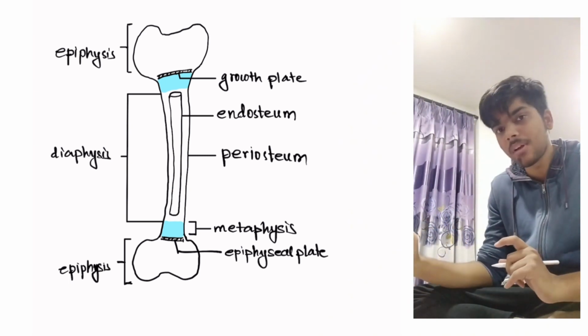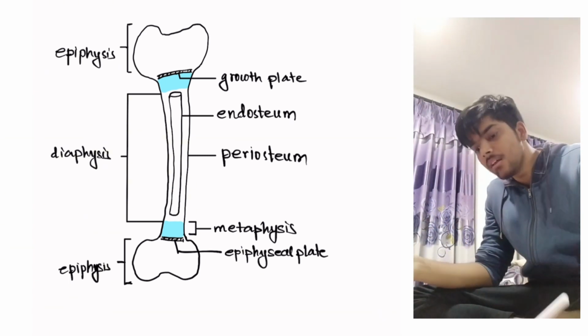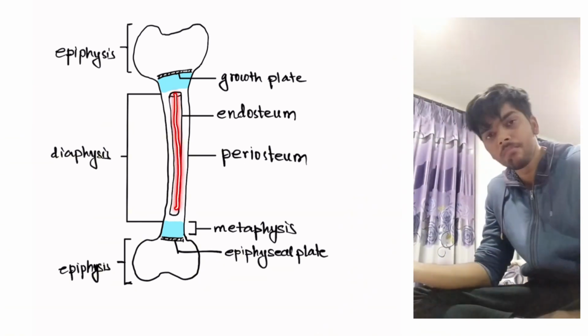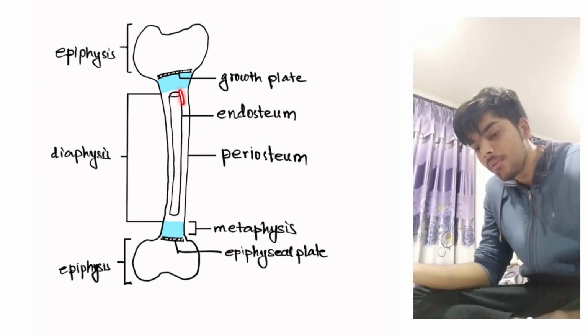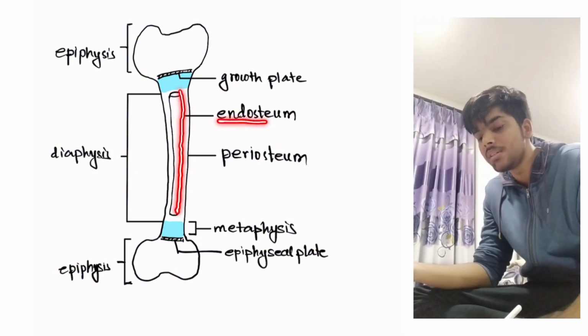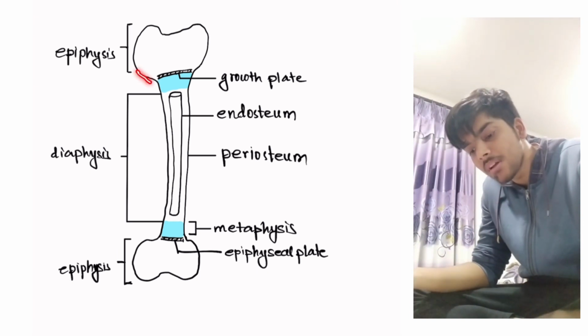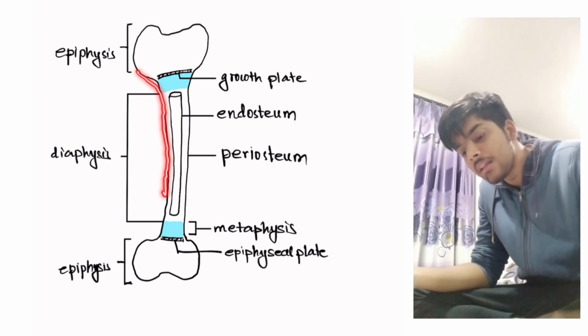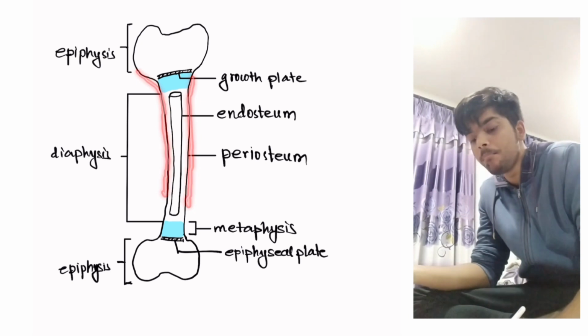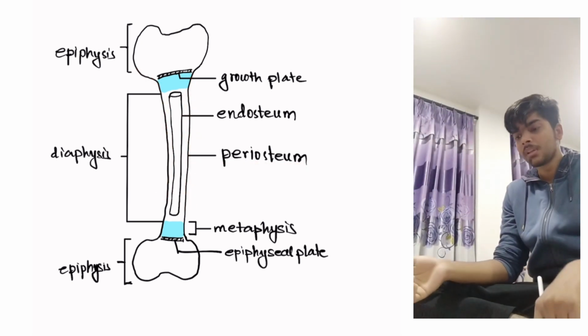Inside the long bone, there's your bone marrow. The bone marrow is covered with a fibrous connective tissue which is called endosteum, and the bone itself is covered from outside with fibrous connective tissue, and this layer is called periosteum.